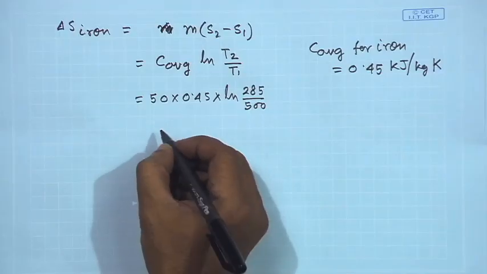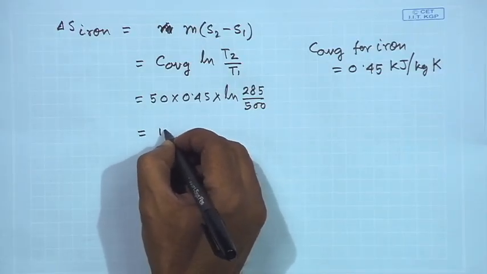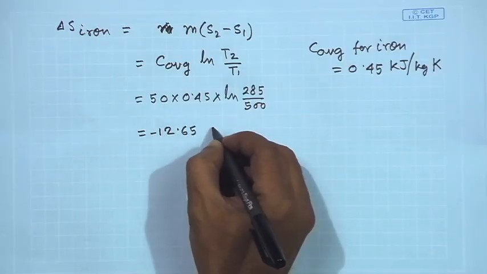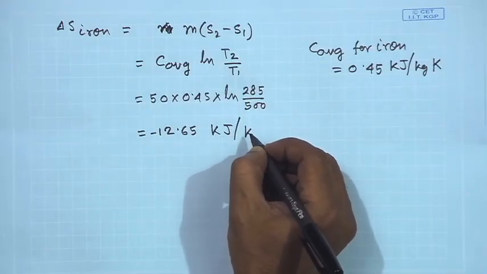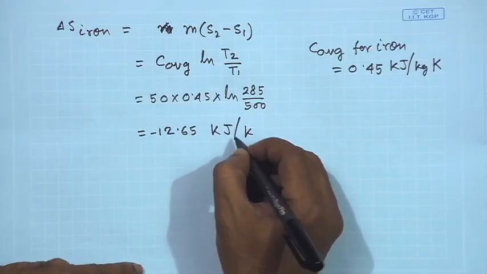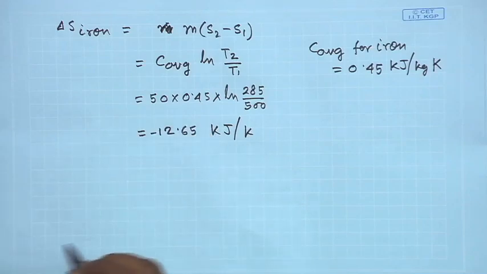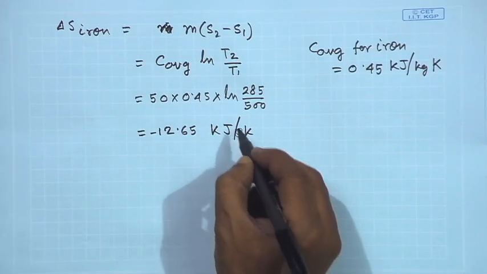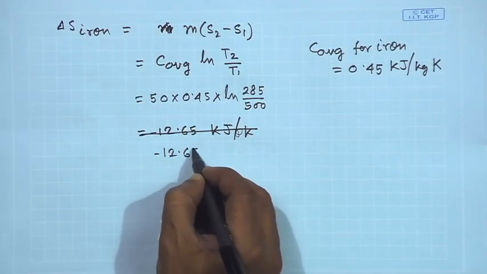So, this will be equal to minus 12.65 kilojoule per Kelvin. Sorry, it will not be kilojoule per kg, already we have taken the mass into consideration. So, this will be kilojoule per Kelvin. So, let me write it minus 12.65 kilojoule per Kelvin.